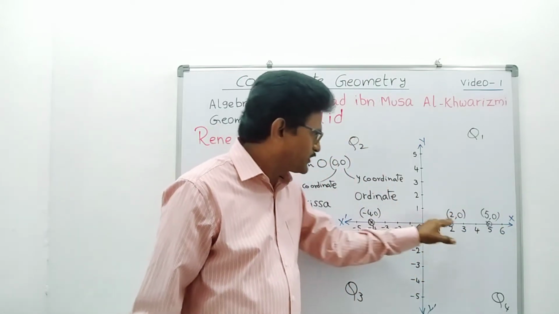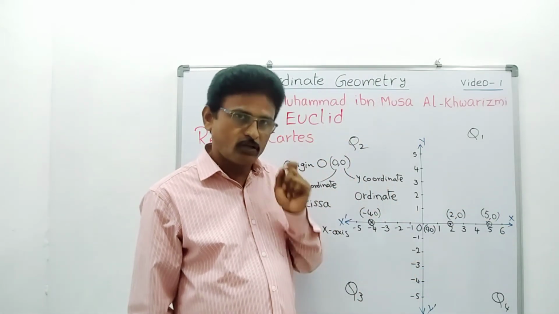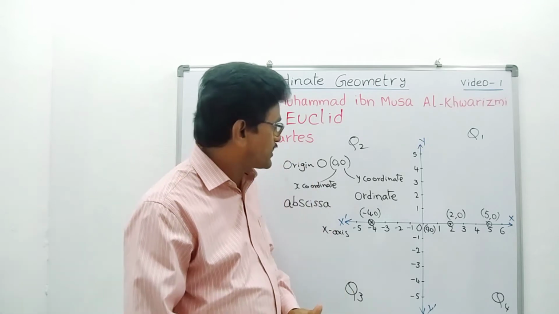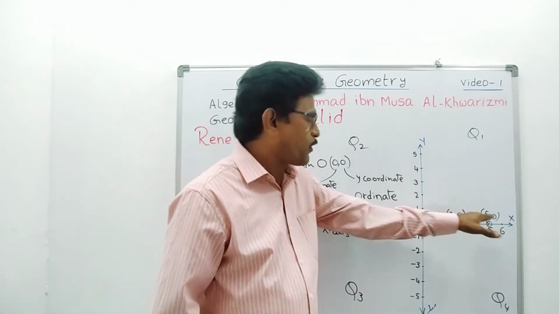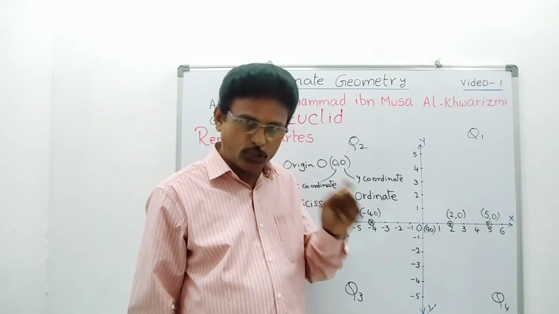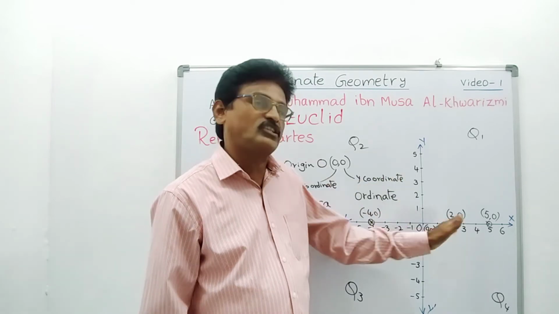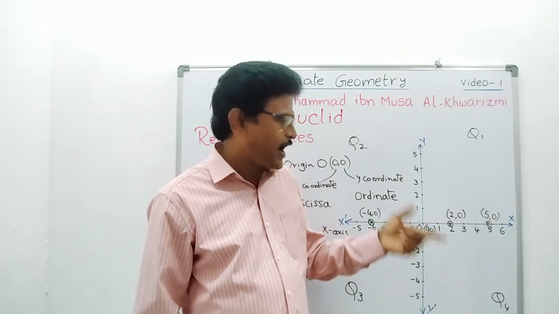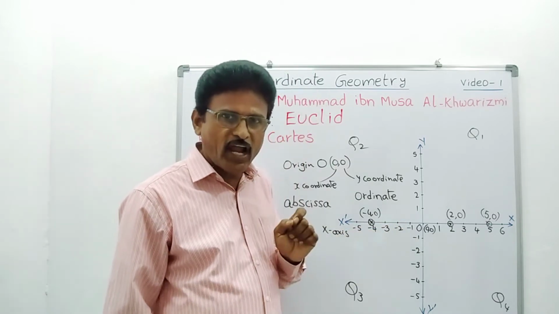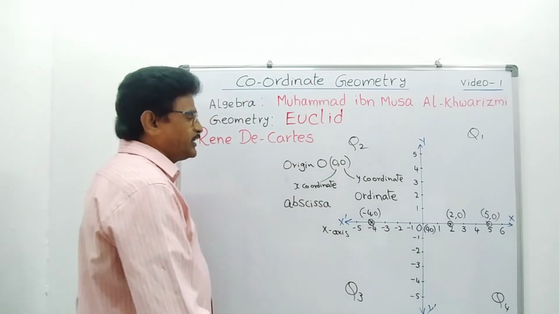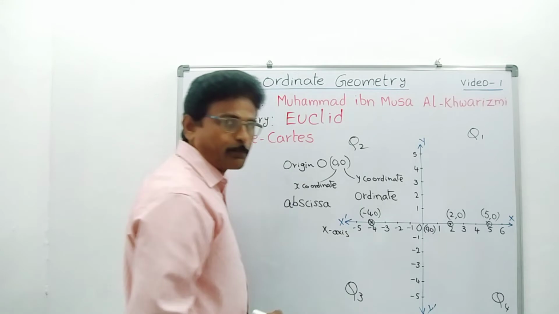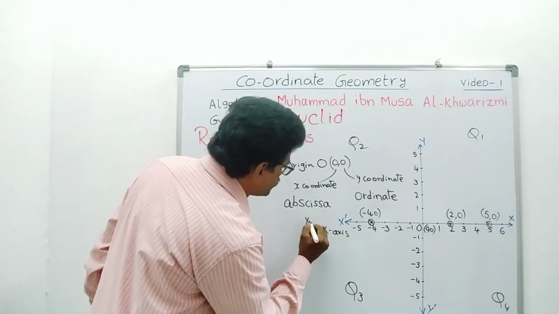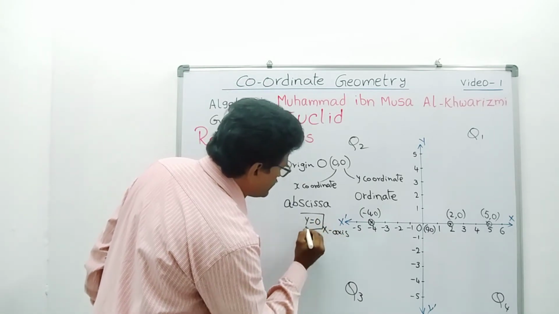By observing these 3 points, you can understand one important point. What is that? All these points have y coordinate 0, right? Not only these 3 points, for any point on this line the y value is 0, which means this x-axis is represented by y equal to 0, right?